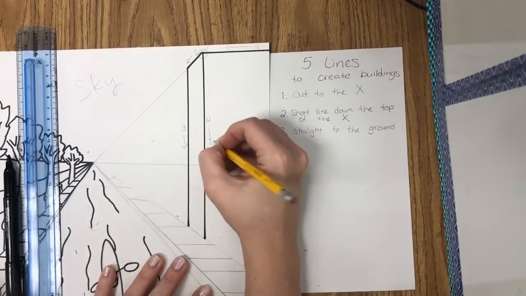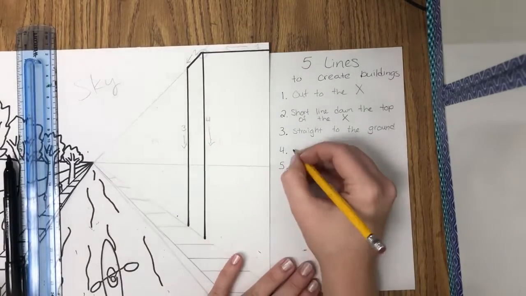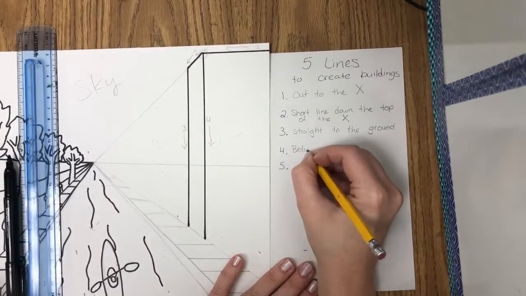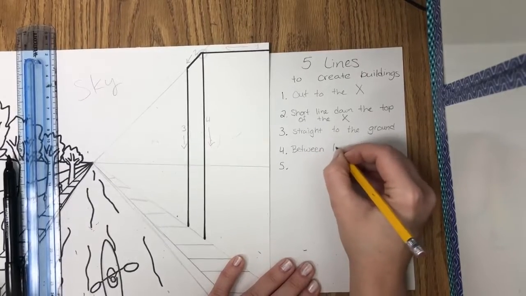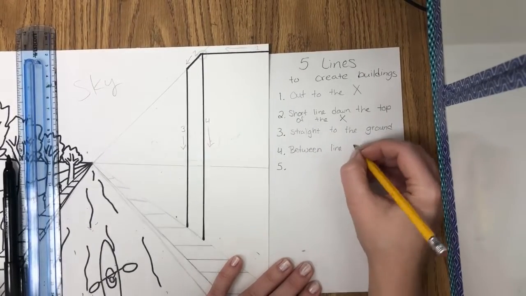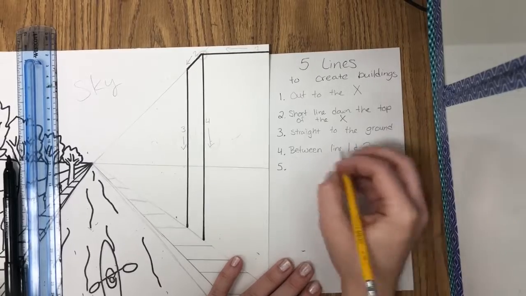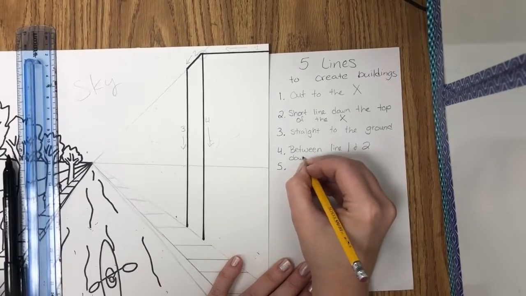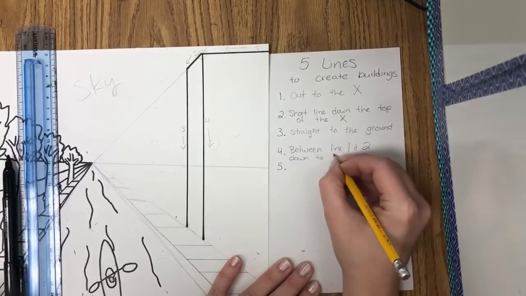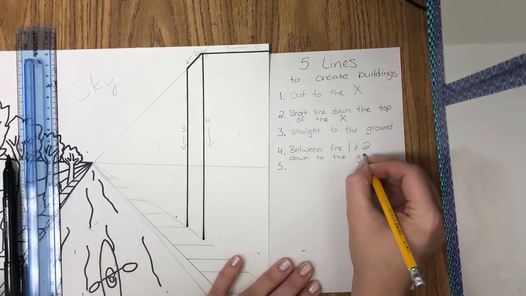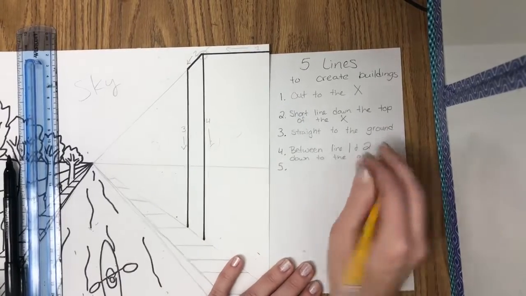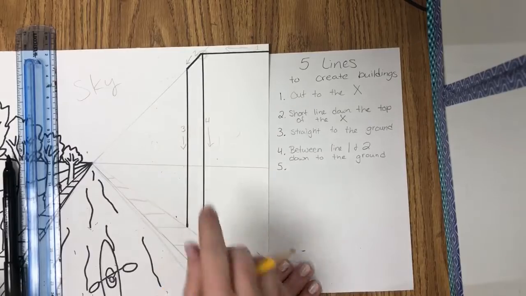So that's line number 4, another vertical line going straight down to the ground. It's very important that you make sure that this line happens between line 1 and 2 where you saw me circle up at the top where the point is. Otherwise, it doesn't make sense.